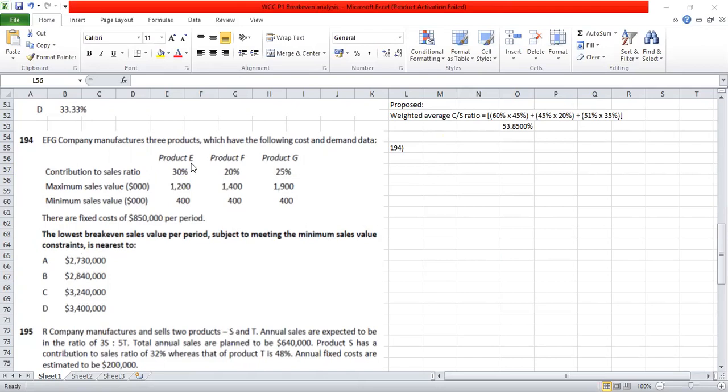So break-even sales value is equal to fixed cost, which is 850,000, divided by the weighted average contribution margin by sales ratio.